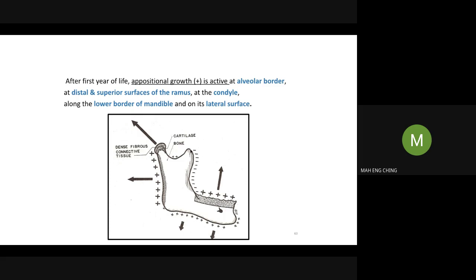Then we have resorption at the anterior, and at the symphysis or below the alveolar, there's some resorption also. That's how it happens. You see the maxilla and mandible will go in the same direction, which is downward and forward. Again, it's by remodeling and displacement. These happen together.